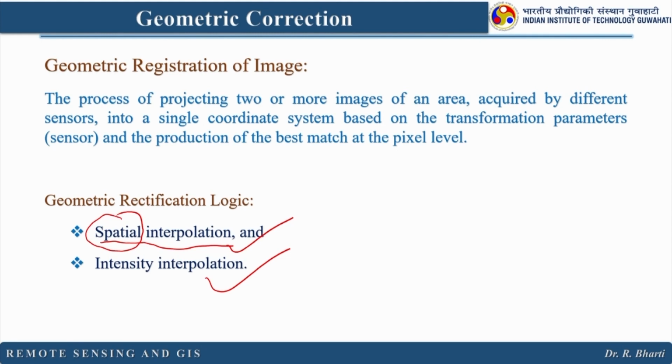So, latitude, longitude, whereas this intensity is related to your DN number. How you are going to extract the real value of the object from the old to the new one. New one is your corrected image. So, how you are going to assign these values.